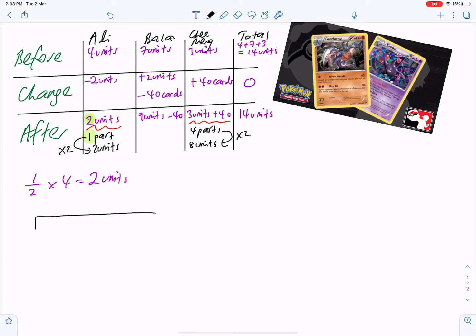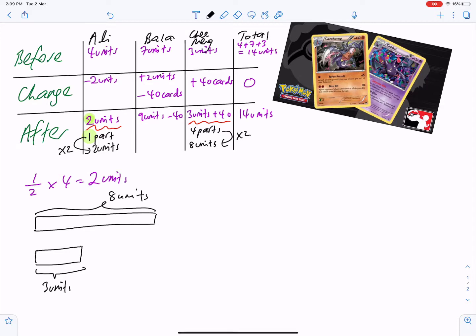Let me draw a model to illustrate what is happening. This 8 units is going to be equal to 3 units plus 40. Over here, let's say it is 3 units, plus this section here is going to be 40.